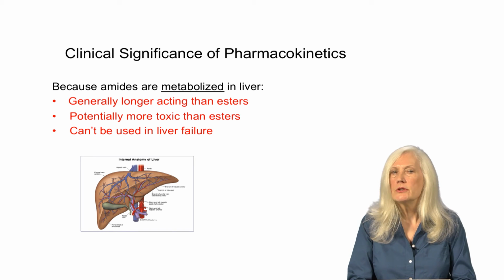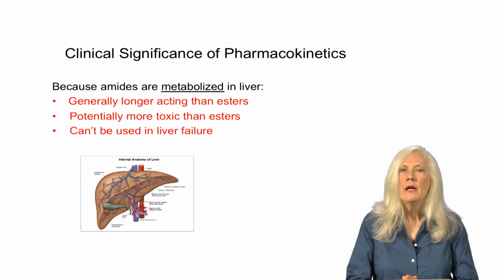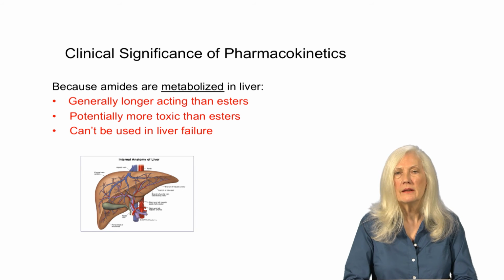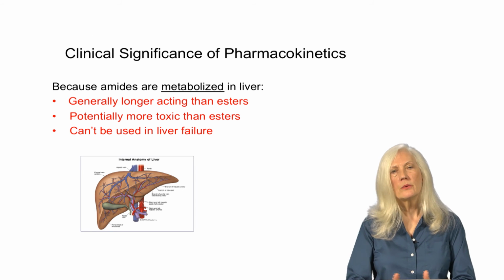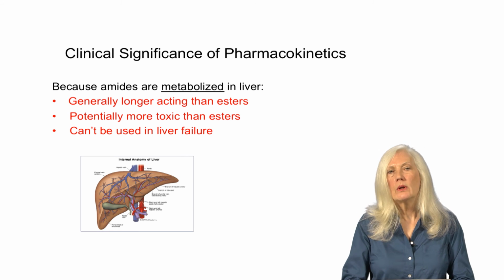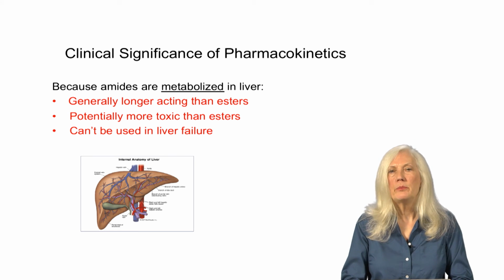They're also potentially more toxic than esters because they're present in the circulation for longer periods of time and in higher concentrations before they're metabolized by the liver. One consequence of this also is that the amide-type local anesthetics can't be used in patients who have liver failure.